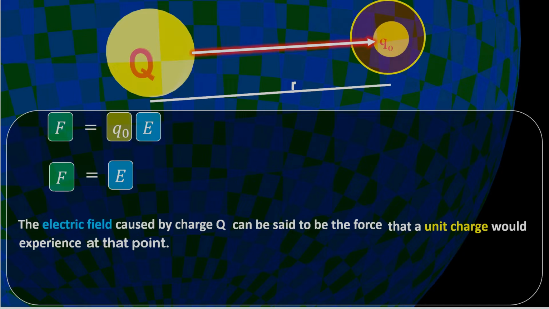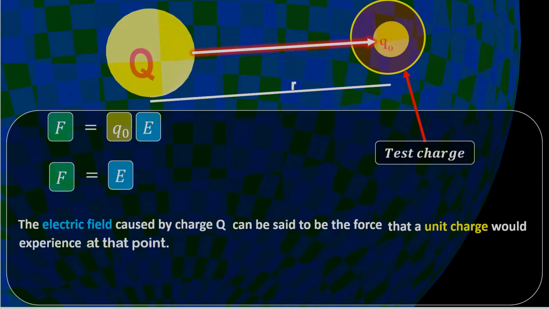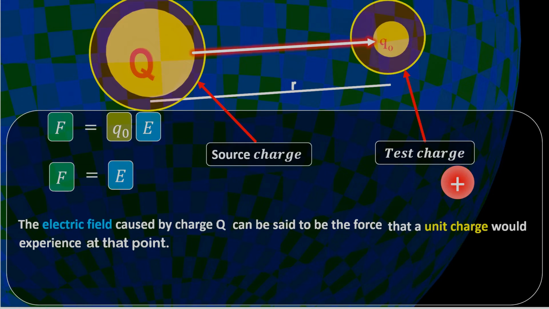The charge that is used to measure the intensity of the electric field at a point is called a test charge and is usually taken to be positive. The charge whose electric field we are considering is called the source charge and it should remain fixed in its position.